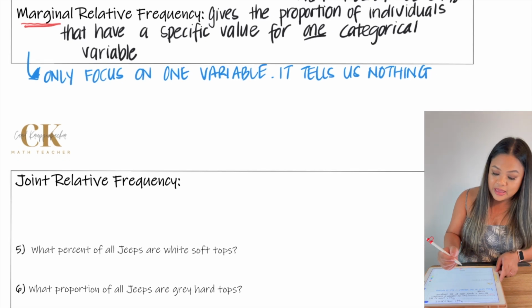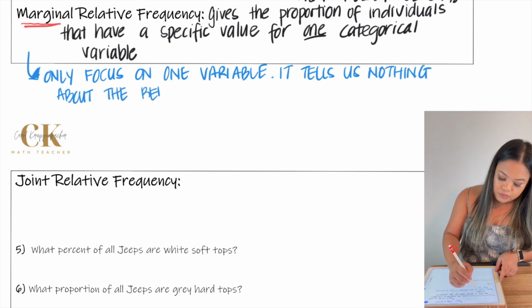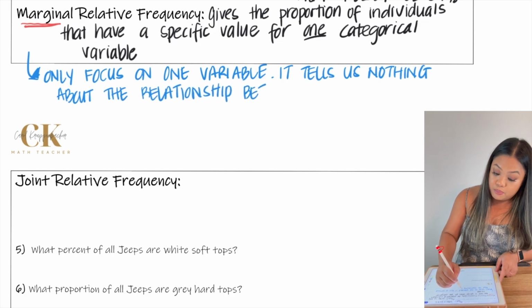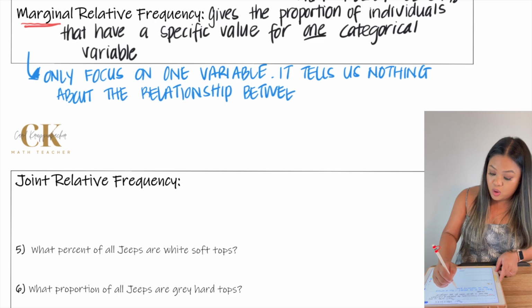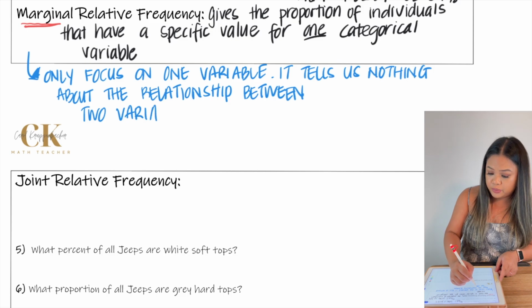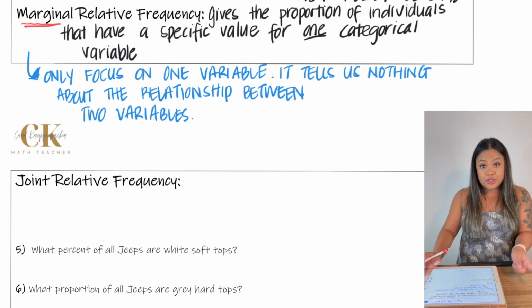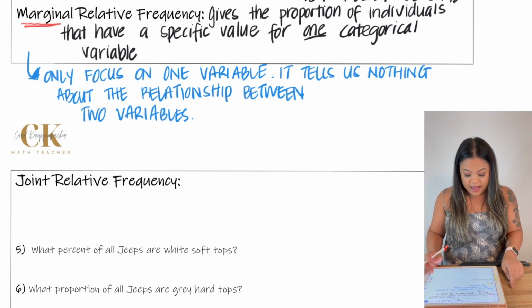It tells us nothing about the relationship between both of them. Since we're only just looking at one variable, it doesn't really tell us anything about the relationship between the two variables. So that's marginal relative frequency. We're going to jump into joint relative frequency after this.